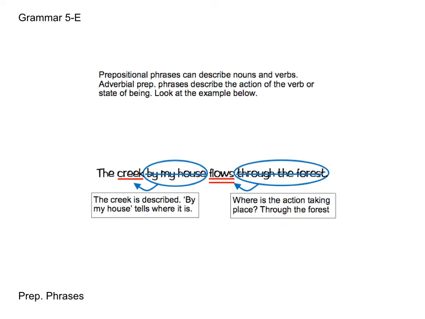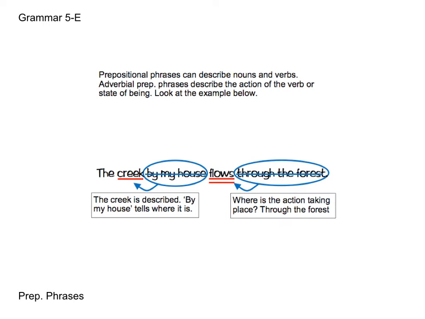We have the creek by my house flows through the forest. By my house is modifying where the creek is. It's giving us more information about that noun. And through the forest is telling us where the action is taking place. Where is the creek flowing? So just make sure you're paying attention to what the information is referring to when you are identifying your prepositional phrases.